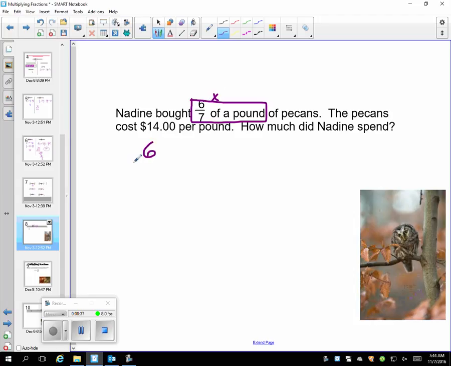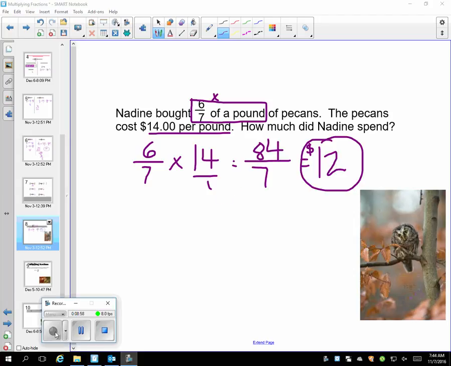So we need 6/7 times what? Well, 6/7 times a pound. How much did Nadine spend? Well, how much is a pound? $14. So we're going to be multiplying 6/7 times 14. Pause the video as you solve for your answer. $12.